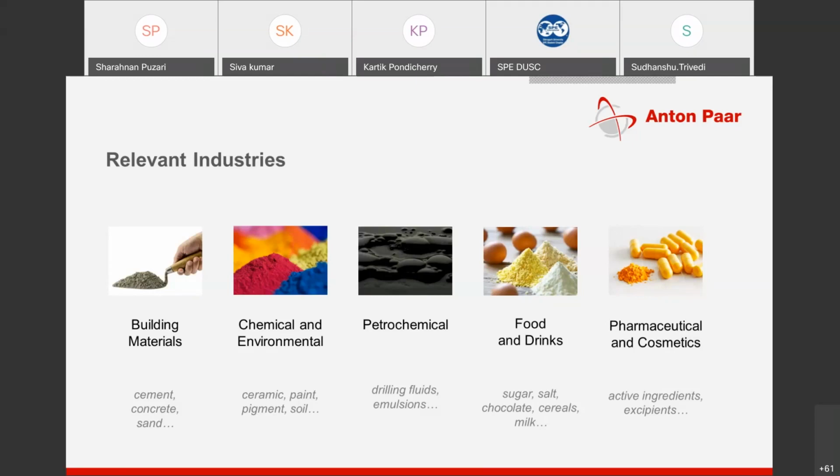You will not feel good, so you will not take that chocolate again. But if you have a chocolate with slightly bigger particles, then it will dissolve slowly and you will feel the taste of the chocolate. So this is how chocolate industries use the particle size analyzer to control the particles of chocolate to get a proper texture and mouth feeling.